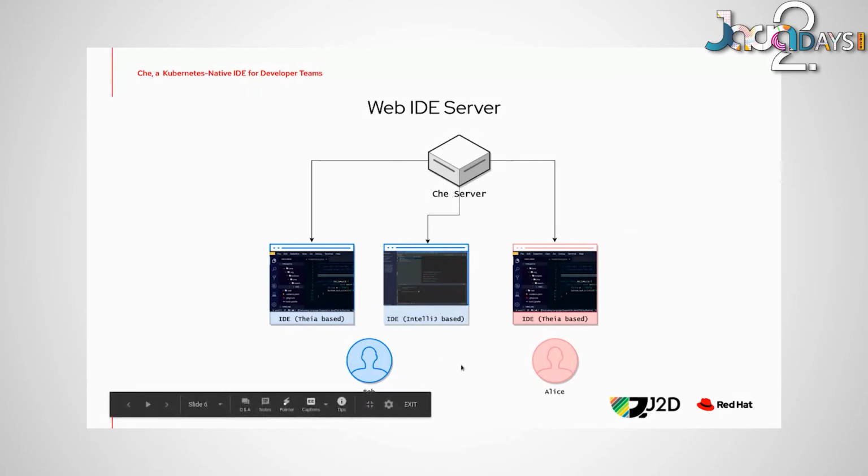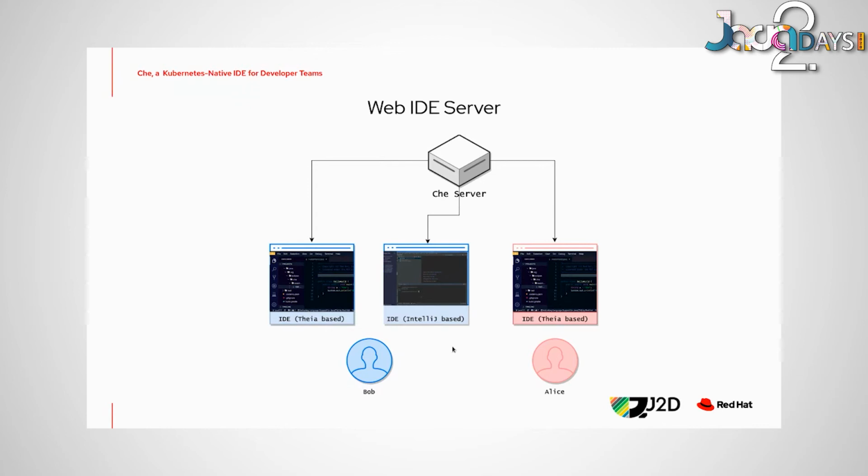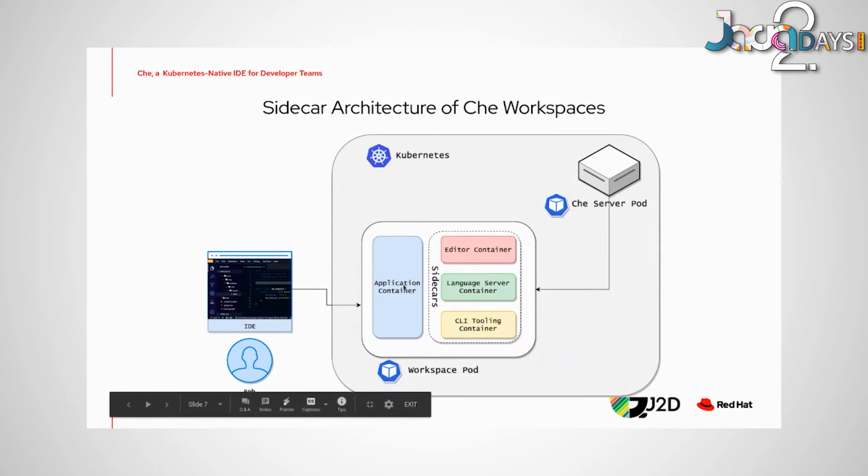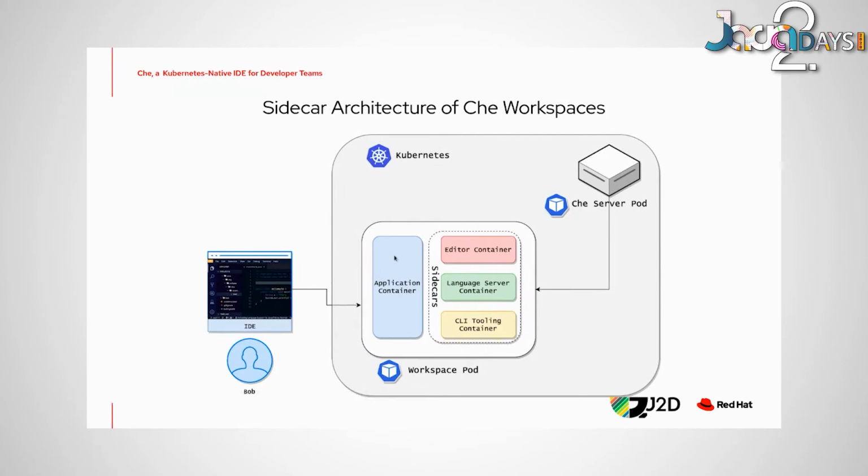So this is about configuration, and this is one of the capabilities that we have in Che. The main idea is to say, okay, we have our application that runs in a pod, for instance, and what we're going to do is add tools as sidecar containers.